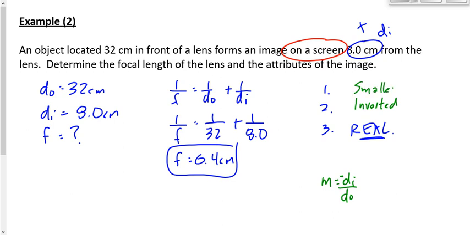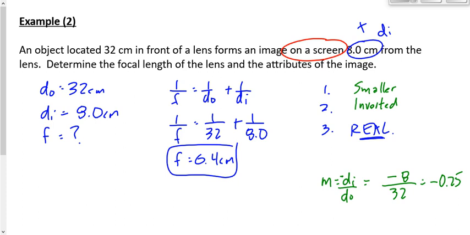If you want to actually calculate magnification, go ahead, but it's not necessary here. You can just look at the equation. Yep. I know it's inverted because if I divided negative 8 divided by 32, I get negative 0.25. The negative tells me that the image and the object are flipped over from one another. So assuming the object is right side up, then the image has to be upside down.